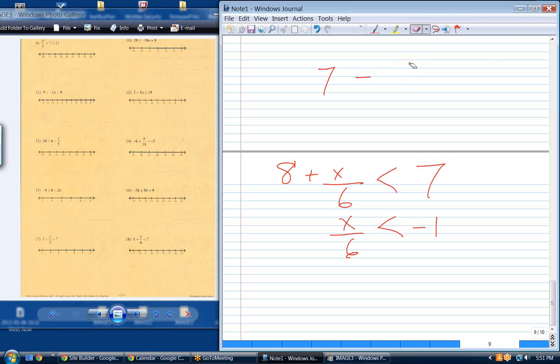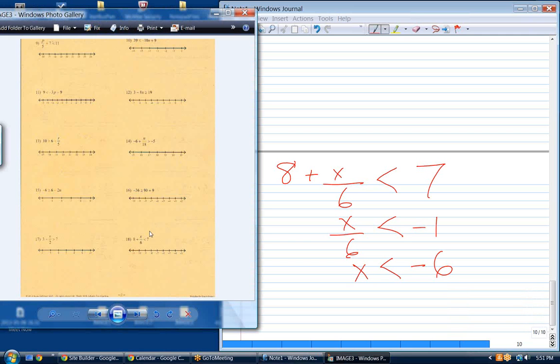If you subtract a smaller number from a bigger number, it has to be positive. Okay, so now we would do 6 times negative 1, which is negative 6. So it'd be x is less than negative 6.